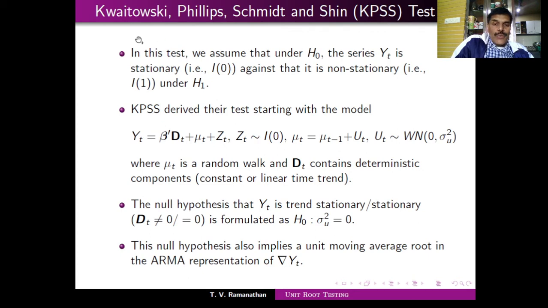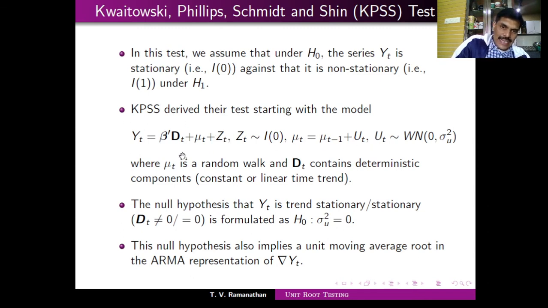So here, the formulation looks more or less similar, but with a change: instead of gamma yt minus 1 or pi yt minus 1, they consider yt equal to this kind of thing, where zt is I(0). That means this is stationary, and for this mu t, you consider a random walk: mu t equal to mu t minus 1 plus ut. That's how you have the non-stationarity.